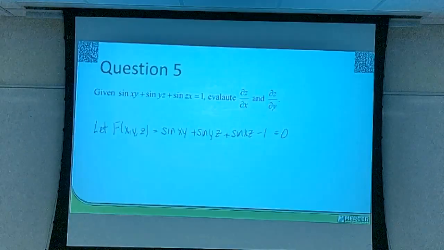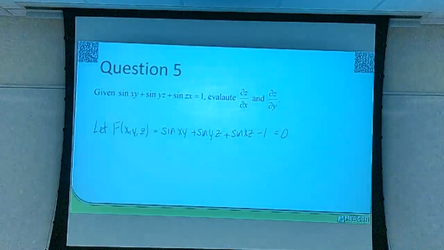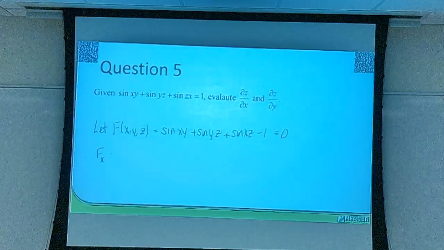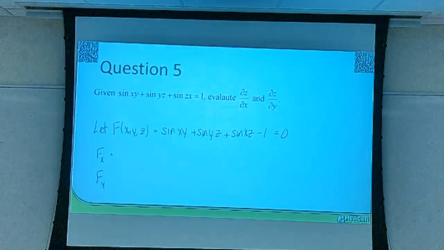We need all 3 partials because they want partial z, partial x, and partial z, partial y.